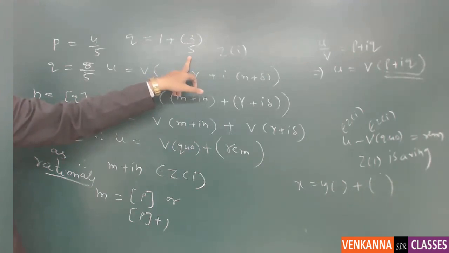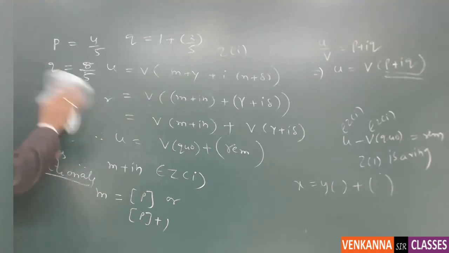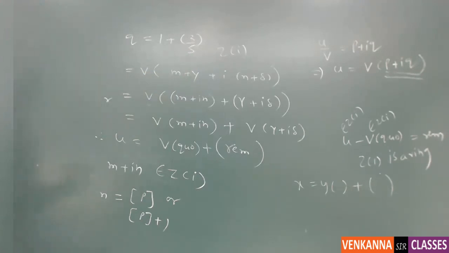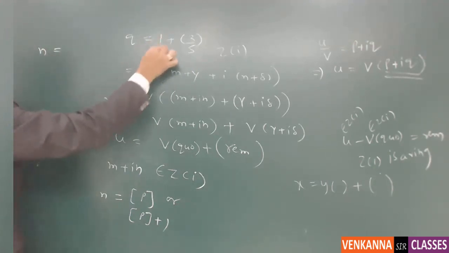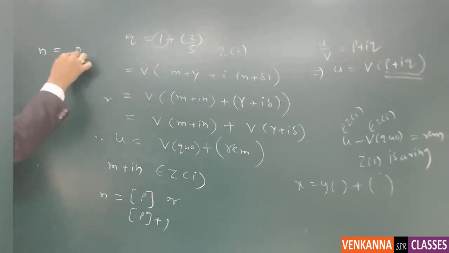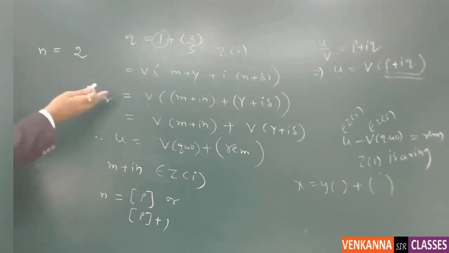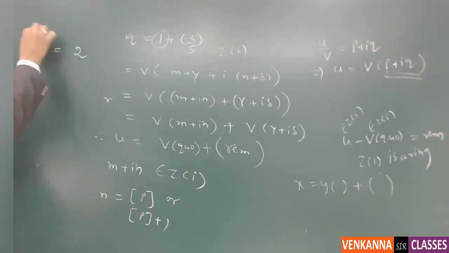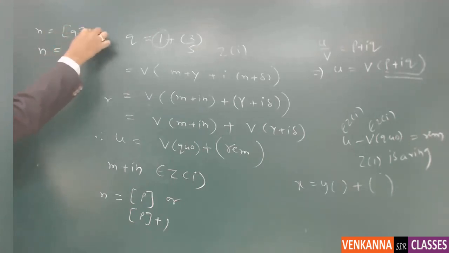What is the part here? 3 by 5, if you consider, it will be greater than half, right? So how are you going to write that? As per that condition, for this integer part you have to add 1, so n is equal to the integer part of q plus 1, so it will be 2.